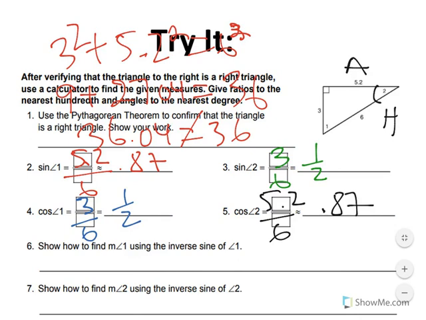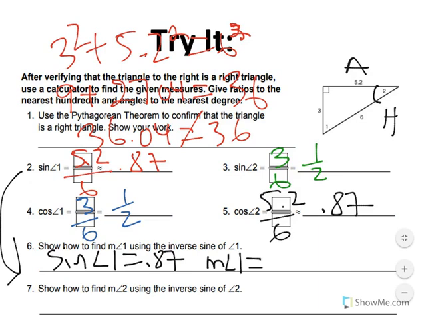Right? Okay, and then for number 6, show how to find the measure of angle 1 using the inverse sine of angle 1. Well, let's go back to number 2. We know that sine of angle 1 is equal to 0.87. So the measure of angle 1 equals sine inverse of 0.87. And from there, just use your calculator.